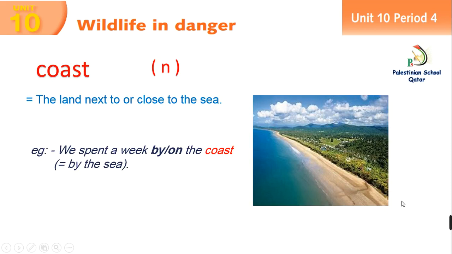As you look at the picture, you can find this is the coast beside the sea, the land beside the sea. It is the land next to or close to the sea. Coast is a noun. For example, we spent a week by the coast or on the coast. It means by the sea. We spent a week by the sea.